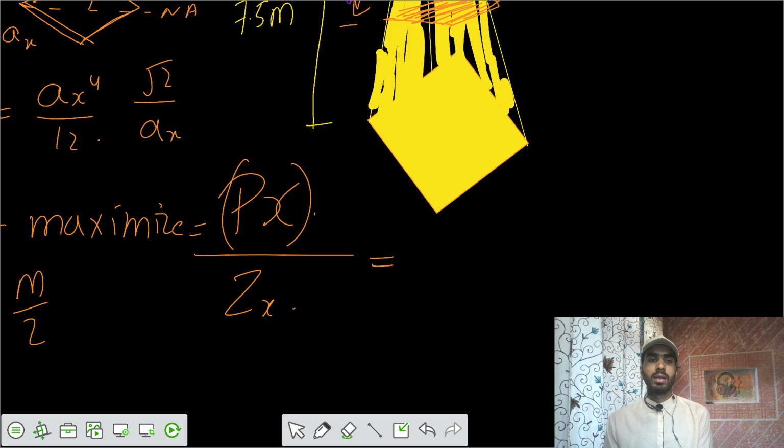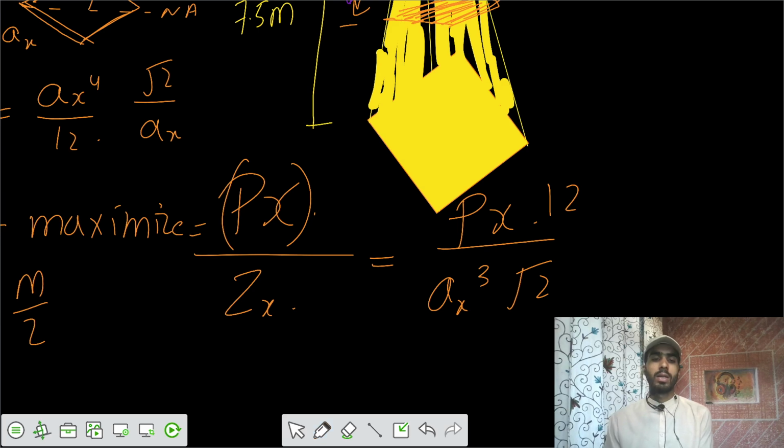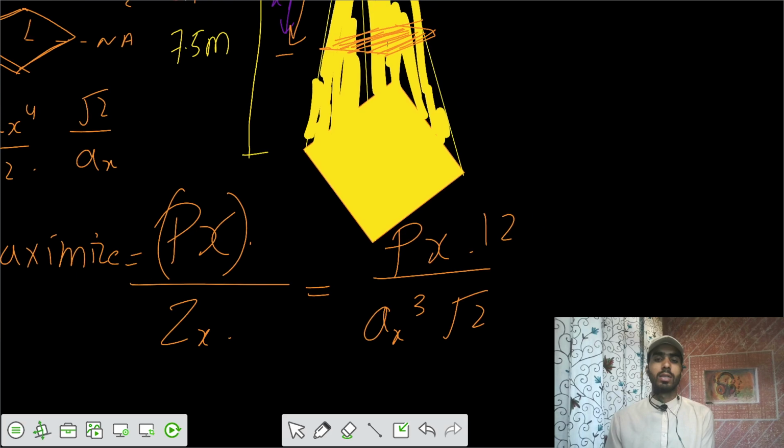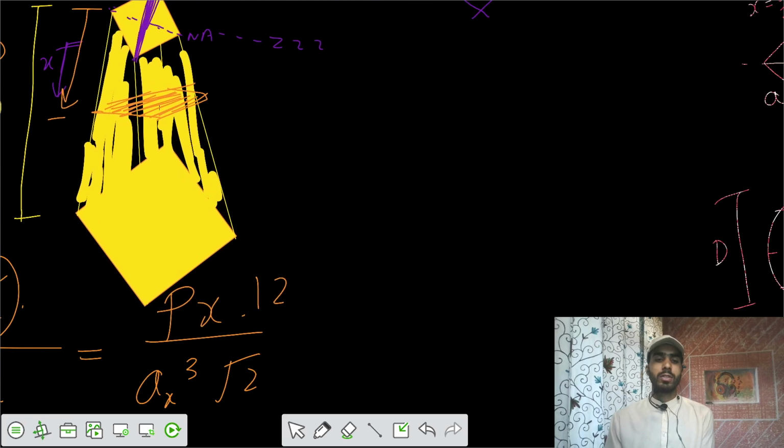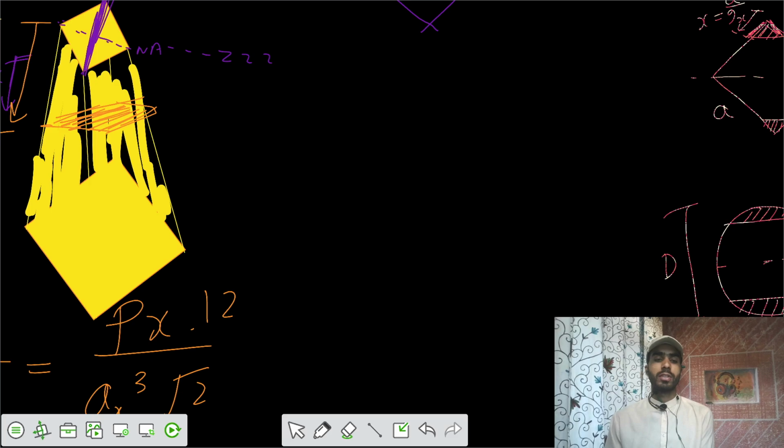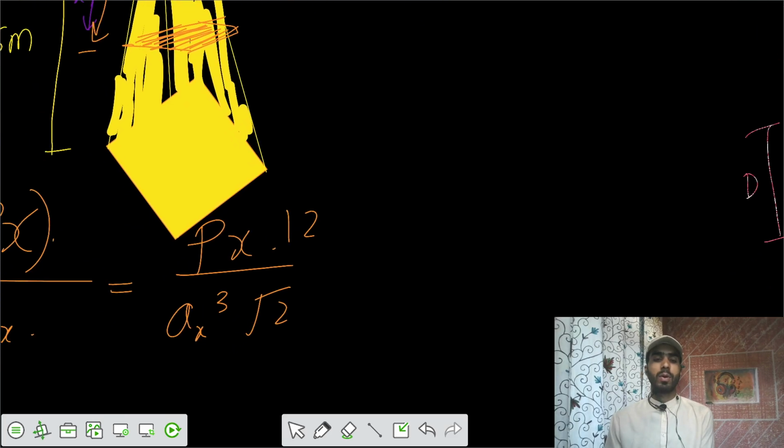We can write Px by ax cubed over root 2 into 12, so 12 goes up, giving 12 by root 2. So the bending stress is Px times 12 by ax cubed, root 2.